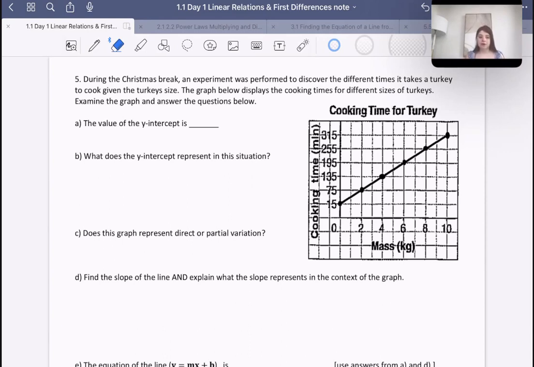So, our first part of the question asks, what is our value of the y-intercept? And that's going to be 15, right? Where does this touch our axis here? It touches at 15, so it's 15. What does it represent? Well, it says that when the mass in kilograms is 0, the cooking time is 15 minutes.